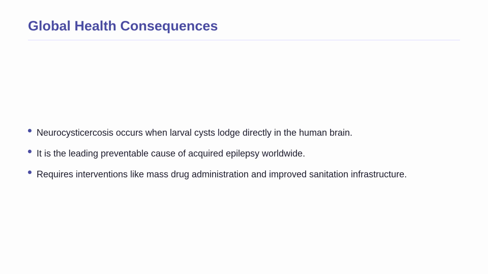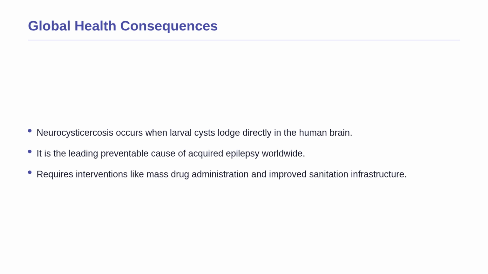Seeing the life cycle visually helps us grasp the immense real-world impact of this parasite. Understanding Taenia solium is absolutely critical for global public health, especially in developing regions with poor sanitation and free-roaming pigs. The most severe consequence, as we just saw, is neurocysticercosis, where larval cysts lodge directly in the human brain.